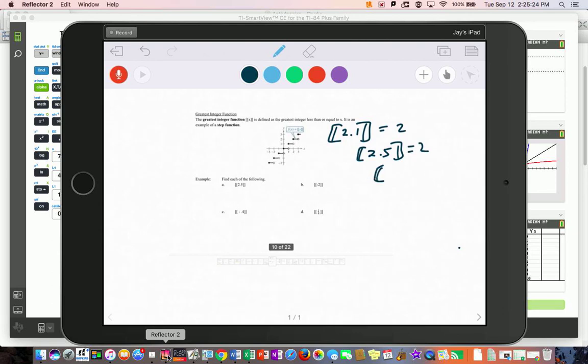And if I did a 2.9, it would be a 2. If you don't reach the next integer, you actually slide back. And then the other thing you want to watch for is on a number line, here's 0. So here's negative 1, here's negative 2. If you do not reach the one on the right, you actually slide back to the one on the left.